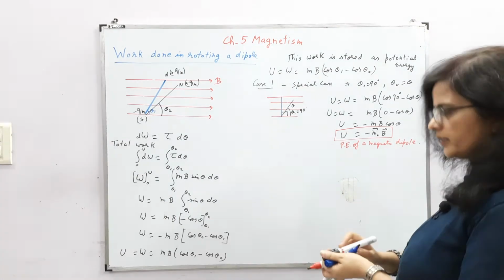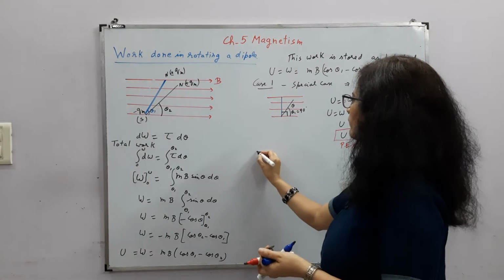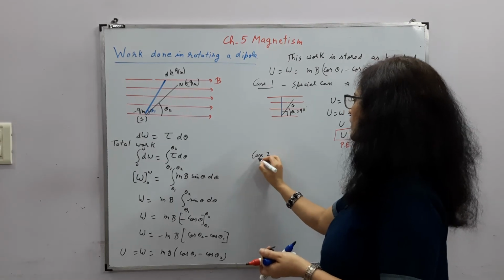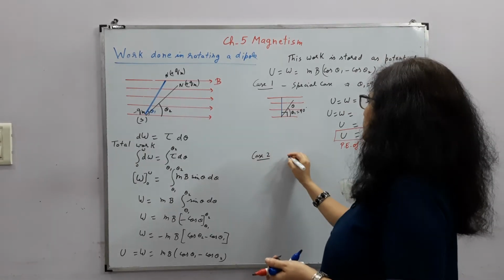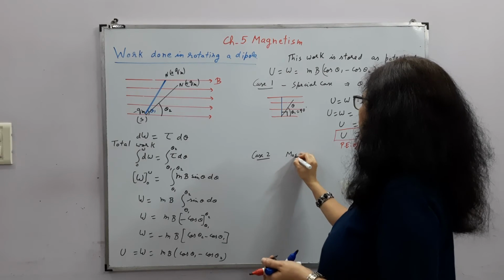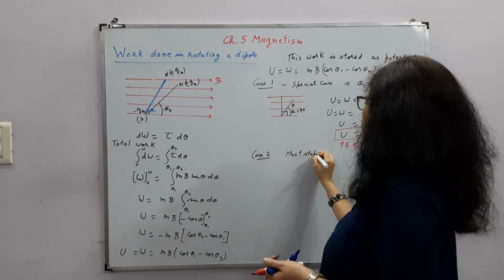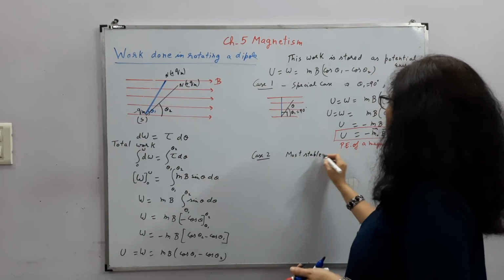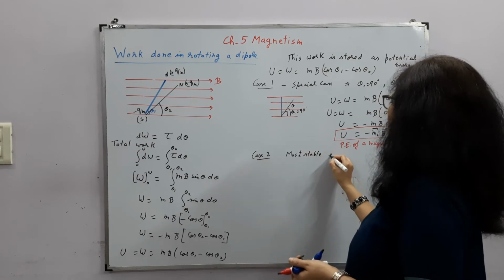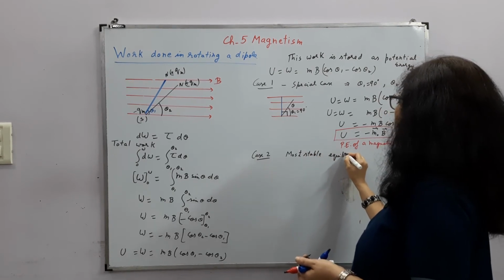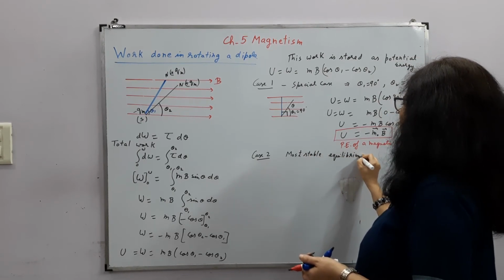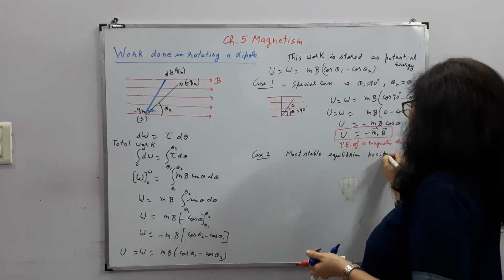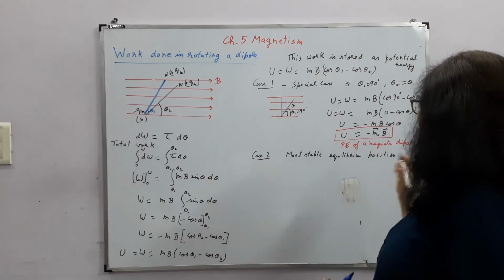Then we take the second case, case 2, the most stable equilibrium position. For this, what will I write?